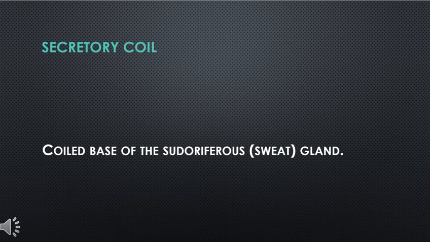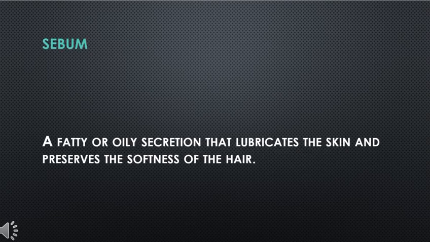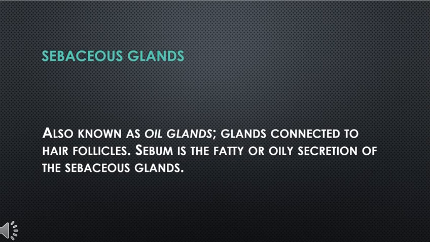Coiled base of the sudoriferous, sweat, gland. Sebum. A fatty or oily secretion that lubricates the skin and preserves the softness of the hair. Sebaceous glands. Also known as oil glands, glands connected to hair follicles. Sebum is the fatty or oily secretion of the sebaceous glands.